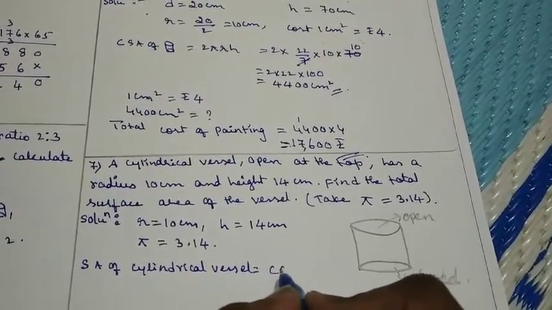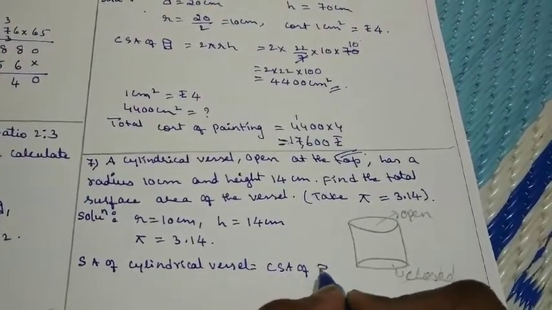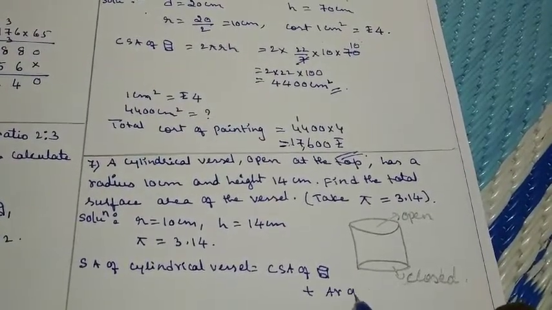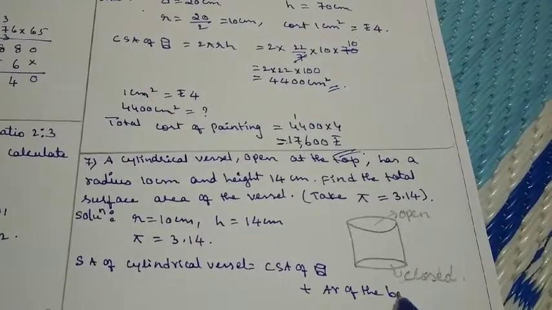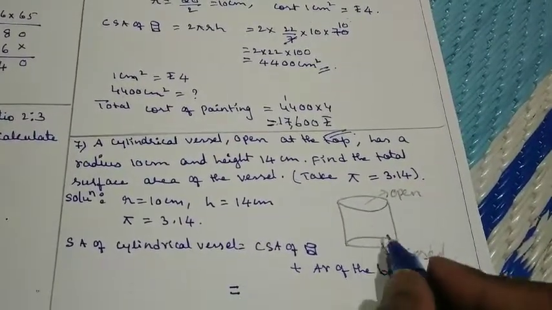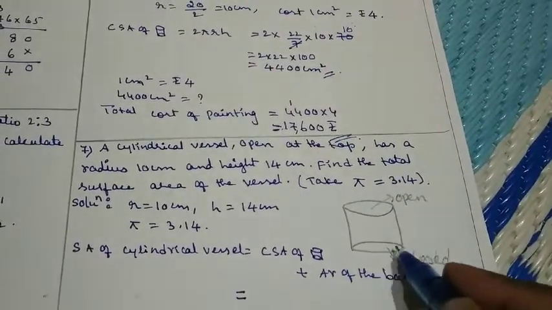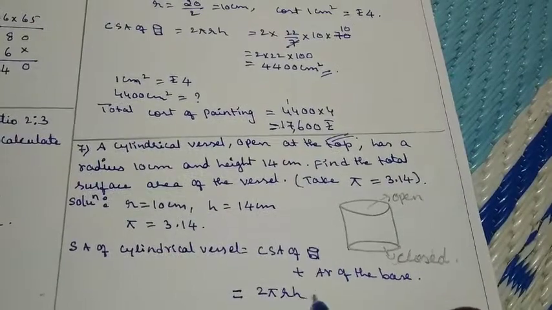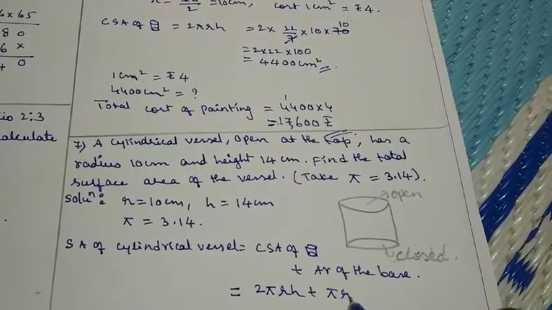So surface area of cylindrical vessel equal to CSA of cylinder plus the area of the base. The base is in the form of a circle, so you can add pi r square here. CSA of cylinder is 2 pi r h plus area of circle is pi r square.